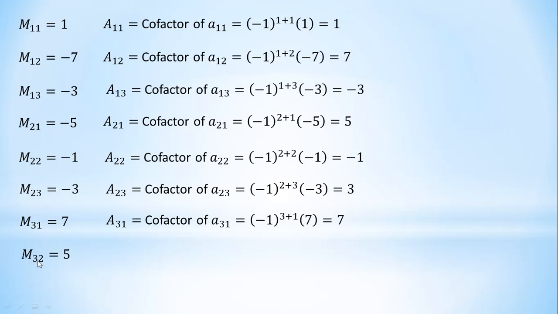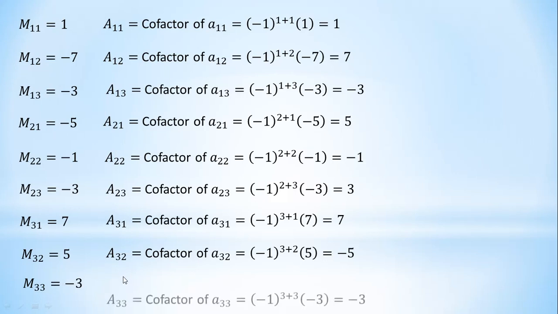Then M32 is equal to 5. The cofactor A32 is equal to minus 1 raised to 3 plus 2, into 5. But minus 1 raised to 3 plus 2 means minus 1 raised to 5, which is minus 1. So minus 1 into 5 is equal to minus 5. Then the last one, M33, is equal to minus 3.